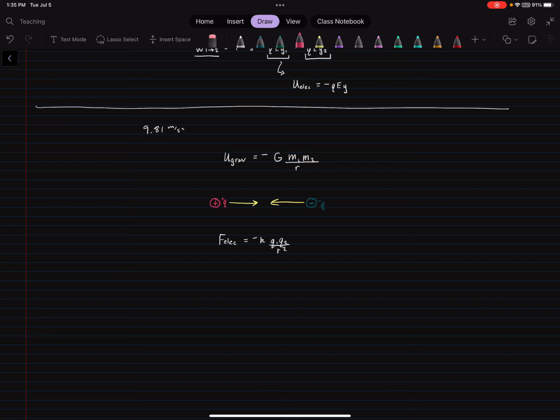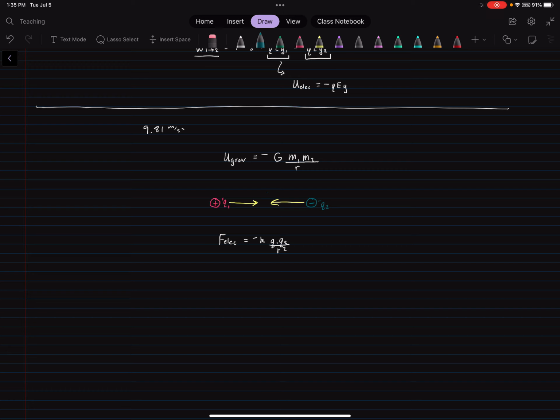So if this is Q1 and this is Q2, you'd have to talk about it separately, right? So because of Q2's negative electric field, Q1, this positive charge that exists in that electric field, is motivated to move in this direction, according to the left yellow arrow.